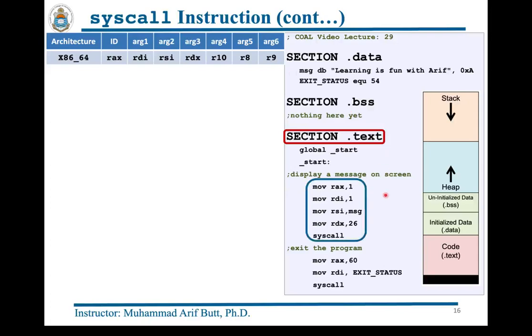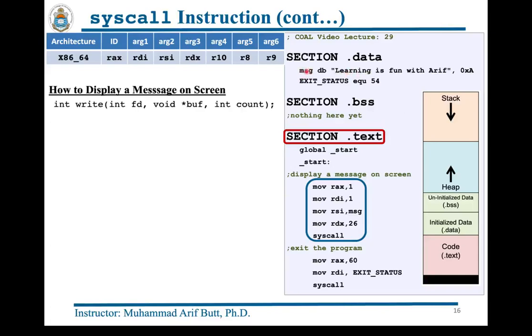Okay, so let's talk about these 5 instructions now. These 5 instructions actually display a message on screen, and the message is "Learning is fun with Arif". This message is placed inside the memory, and the address of the memory where this data resides is MSG.